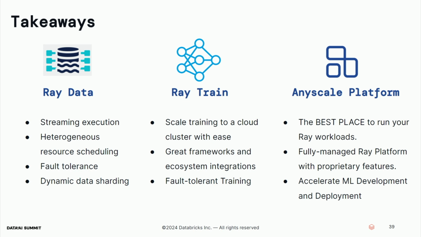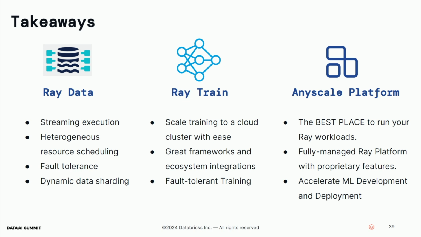Secondly, Ray Train. We use Ray Train for efficient and fault tolerant large-scale training. Ray Train provides a simple interface for you to migrate your original PyTorch code into a distributed fashion, and it has great framework ecosystem integrations that make your user experience much easier. It also supports fault-hardened training to reduce the cost spent on failure recovery.